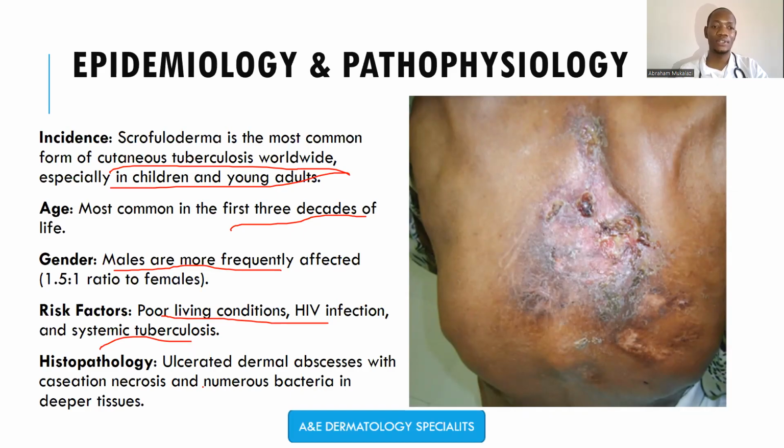So still in histology, you see ulcerated dermal abscess with caseous necrosis and a few granulomas, but with numerous bacteria in the deeper tissues. So when you do H&E stain, you're able now to see the granulomas, and you can go ahead and do the pus staining, then you're able to see the bacteria.